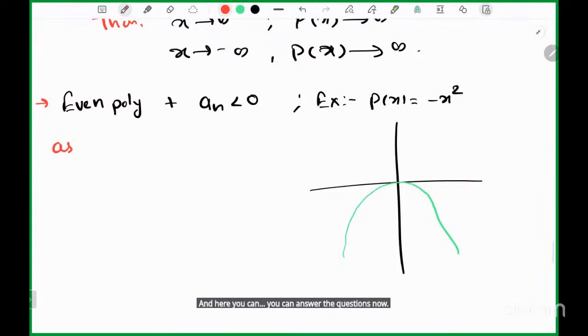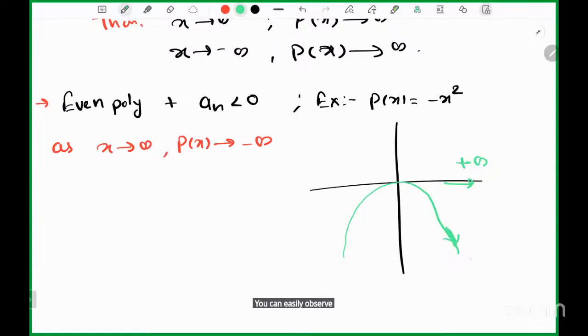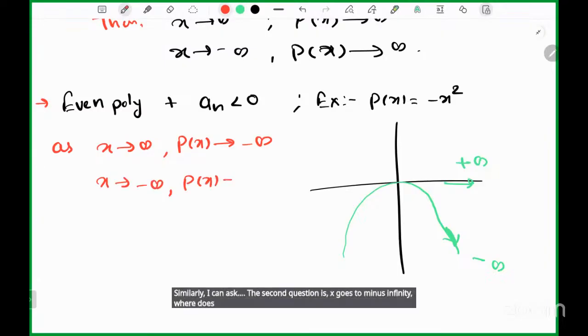As x goes to infinity, where does p of x go? It will go to minus infinity, correct? Because if x is going to infinity, you can easily observe that the values of p of x are going to minus infinity. Similarly, I can ask the second question: as x goes to minus infinity, where does p of x go?